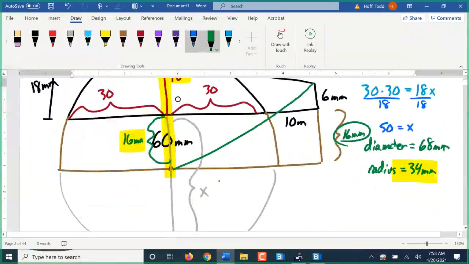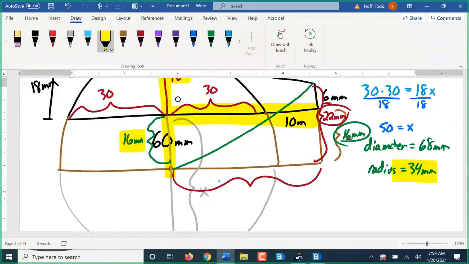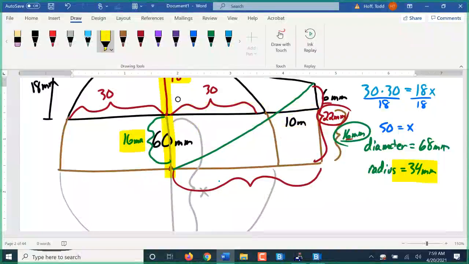The height of this triangle now from here to here is 6 plus 16, or 22 millimeters. The distance from here out is the same as what it was up here. It's just half of my 60, which is 30, plus 10 makes 40 millimeters.